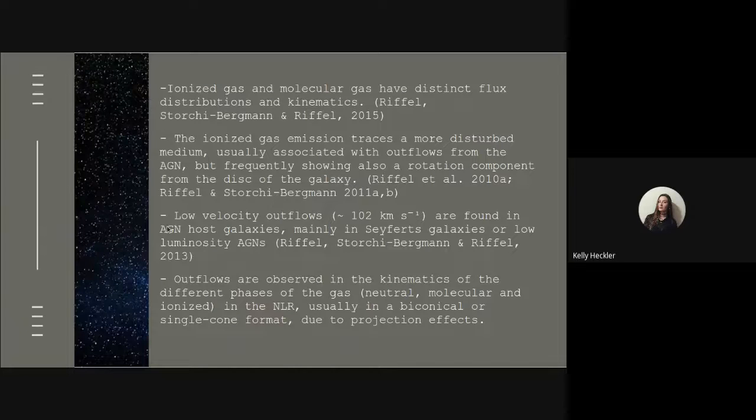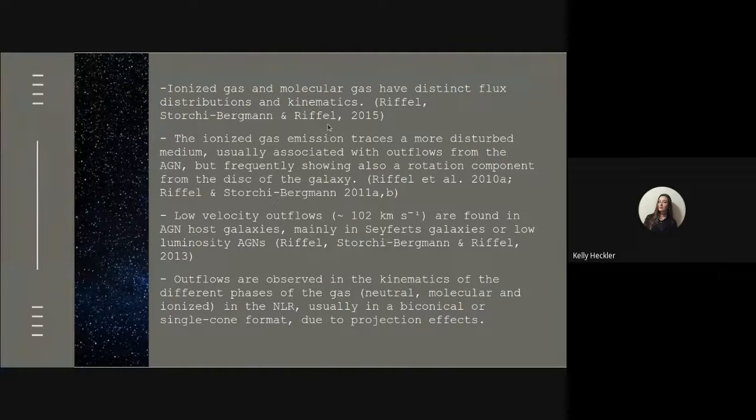From the analysis of the gas kinematics in AGN host galaxies, it is found that the ionized gas and the molecular gas have distinct flux distribution and kinematics.